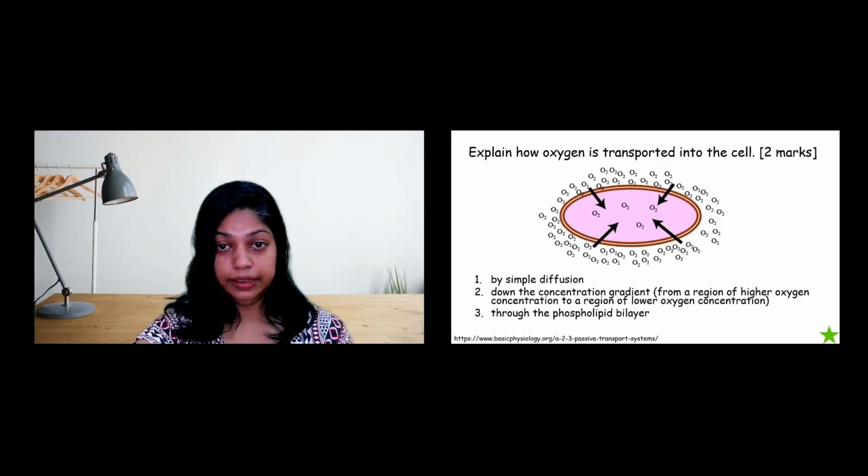They move by simple diffusion down the concentration gradient.